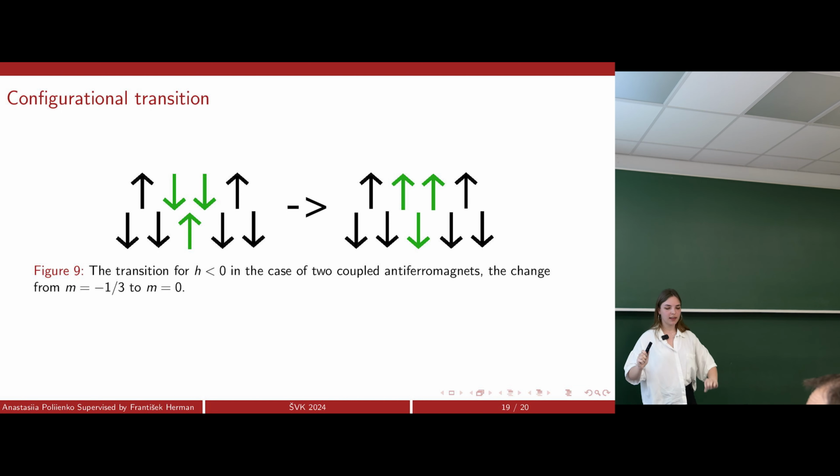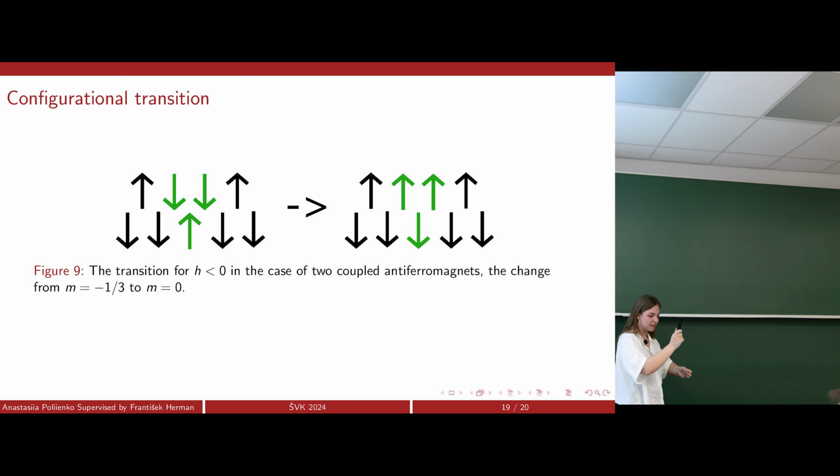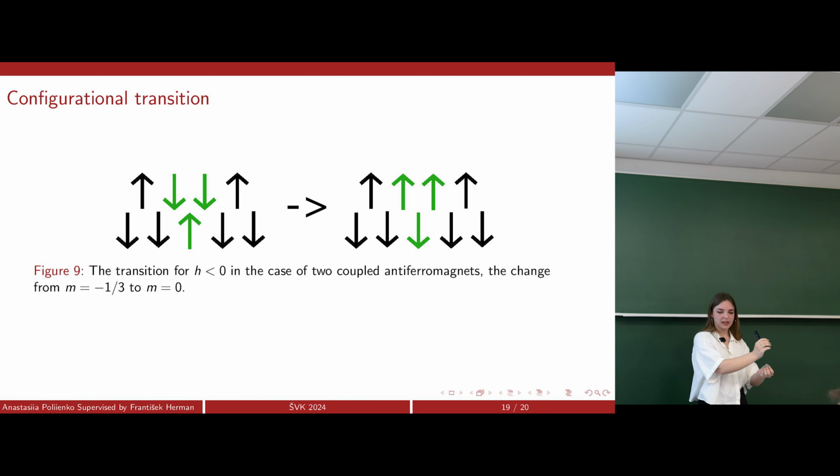And the interesting thing is that those spins will behave in a way that those tripods that were purple before will stay the same, while all the spins in green tripods will be flipped. And that's what will happen in the whole system. And it will be the best for the system for this transition.